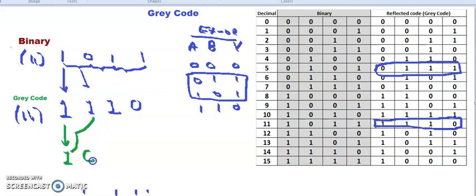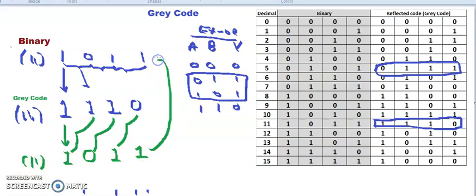So exclusive OR of 1 1 is 0. Again take the exclusive OR of this binary 0 and the gray code 1. So exclusive OR of 0 1 is 1. Again take the exclusive OR of 1 and the least significant bit of gray code 0, that is 1. So this is the binary code of 11. So we have converted gray code back to binary, that we can verify here.